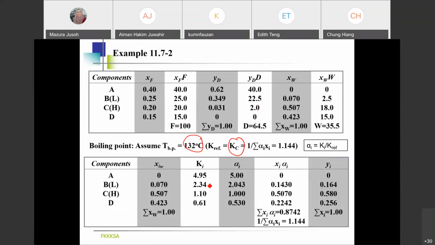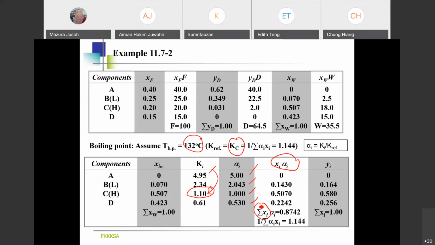Okay, the K value at 132 is 1.1. So you take each K value divided by the K reference, you get all this, and this one is divided by itself. You calculate xi times alpha i, and you will get the summation.